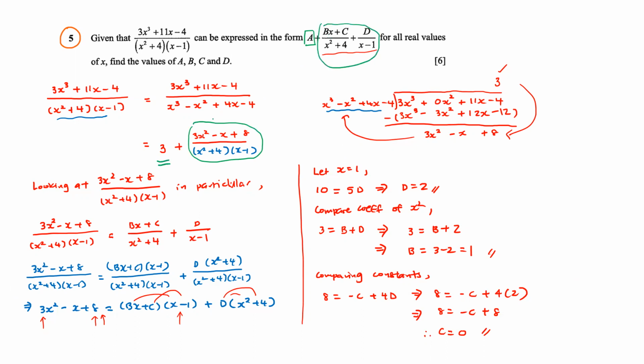So therefore, a has to be 3, isn't it? So a equals to 3 based on that comparison. In conclusion, a equals to 3, b equals to 1, c equals to 0, and d equals to 2. That's the answer.